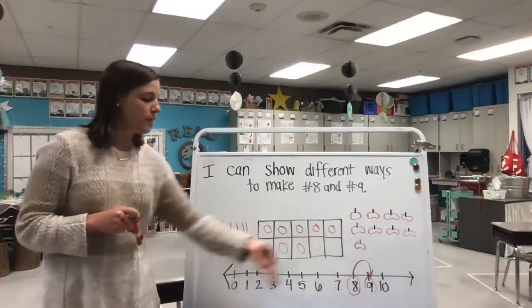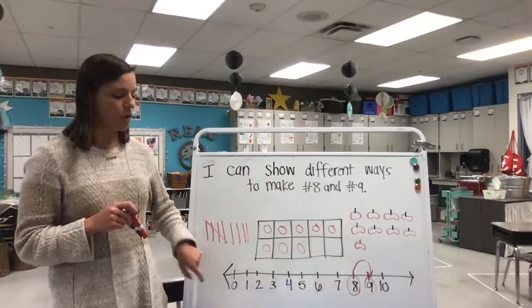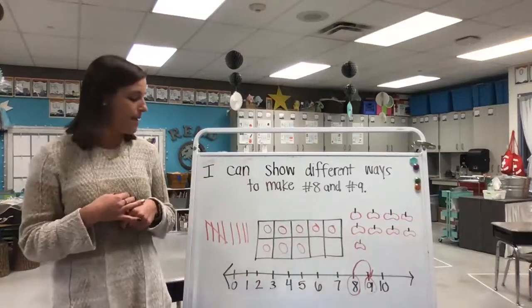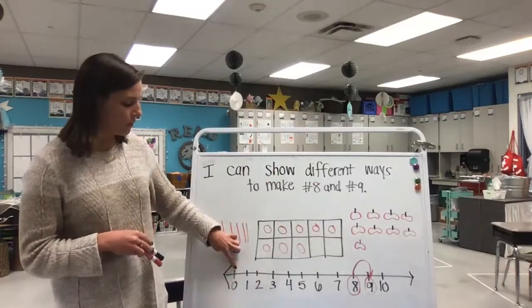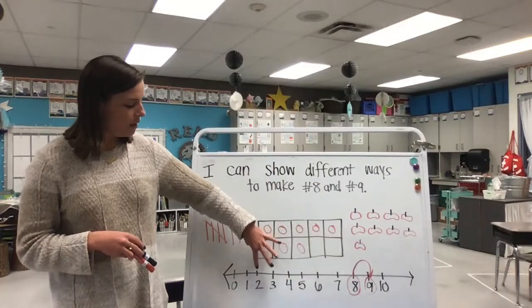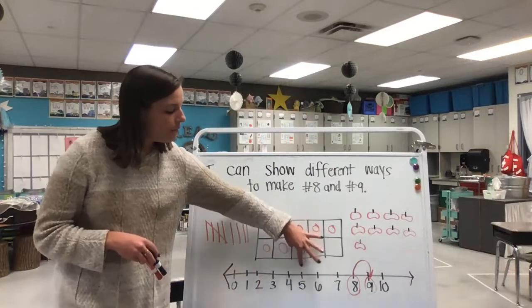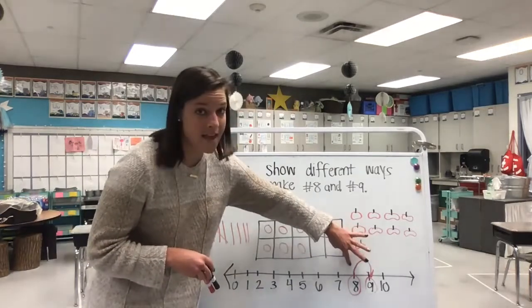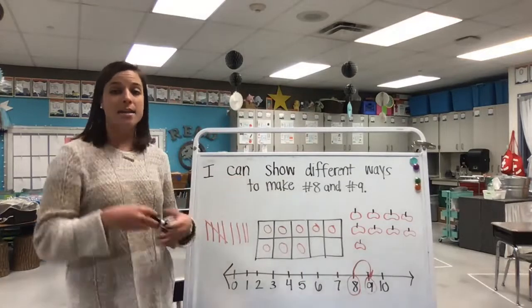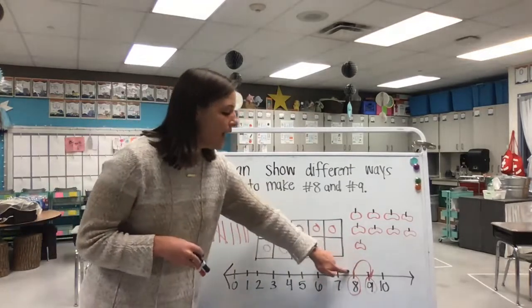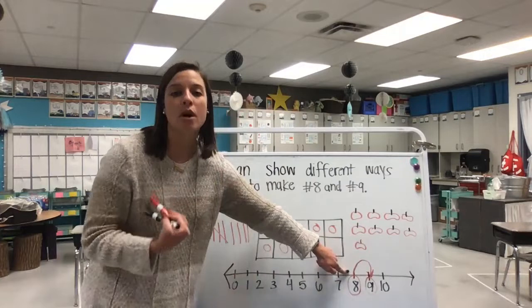We also use this resource right here. What is this resource called? A number line, right? So let's count up to our number 8 and then 9 as we did before, starting with 0. 0, 1, 2, 3, 4, 5, 6, 7, 8, 9. Which number is less? 8. 8 is less than 9 because 8 comes before 9.